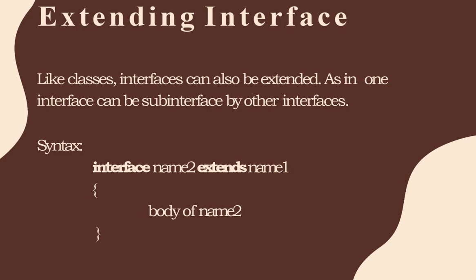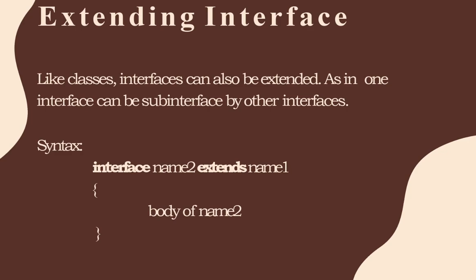Now let's see the syntax which is given below. Here also, since we are handling interfaces, you have to mention the keyword interface followed by the name of the interface. The extends keyword is mentioned over here, meaning that inheritance is taking place.